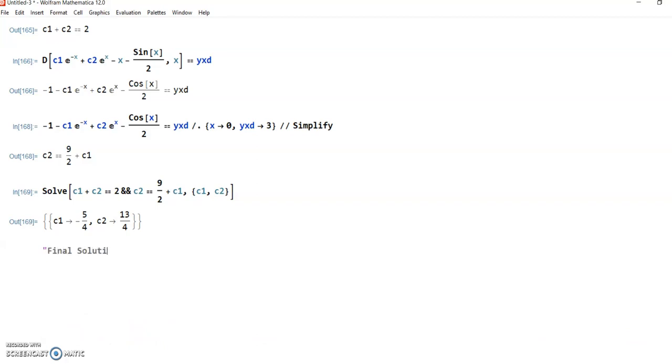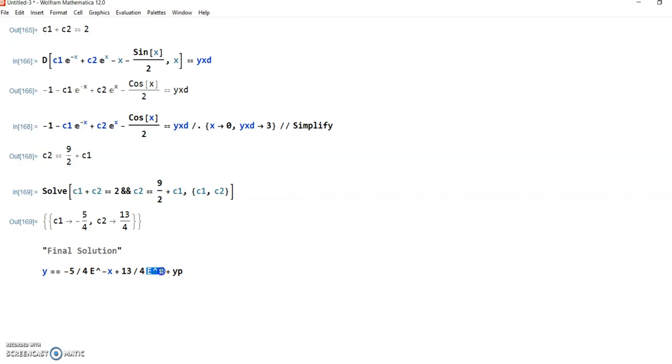So now I can write the final solution. So the final solution will be y is equal to -5/4 e power minus x, because for e power minus x we have chosen the coefficient as c1, so I have put the value of c1 over here.